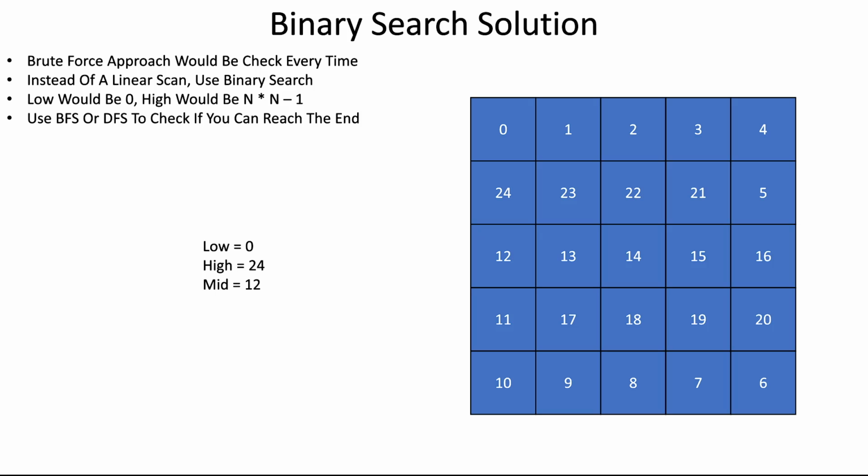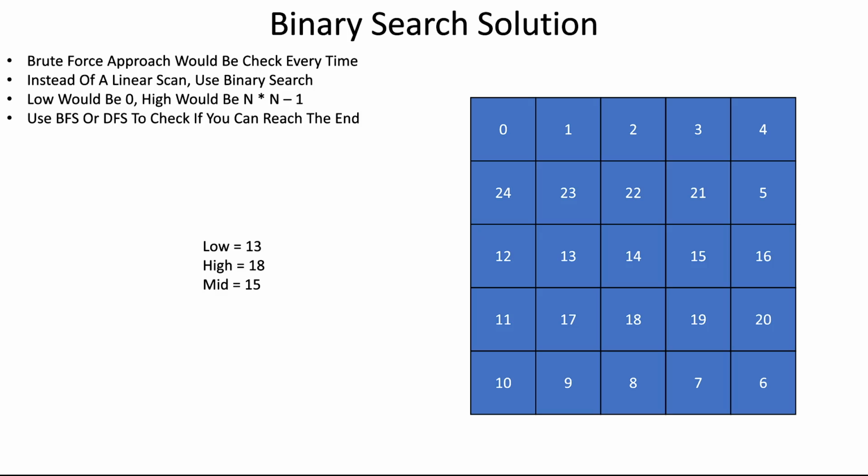We see that using time 12, we cannot reach the end in any way, so we raise the low variable. We raise it to mid plus 1, which will be 13. Now the mid is 18, and we see that we can reach the end. So now we lower the high variable to mid.